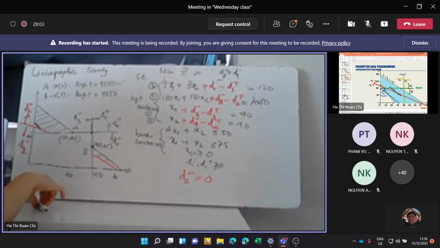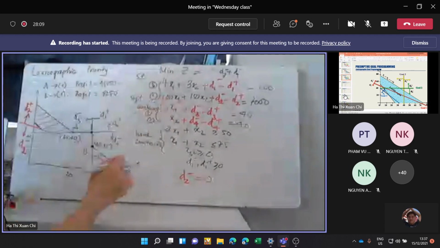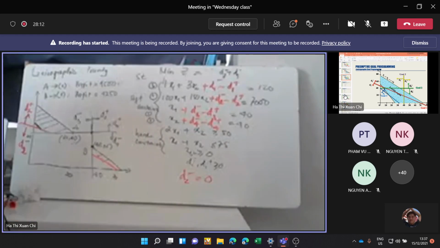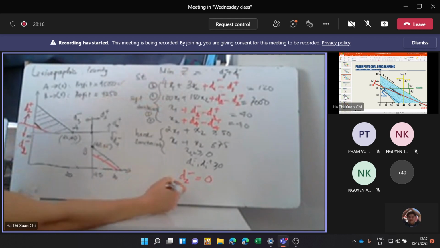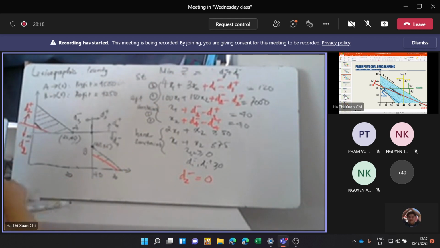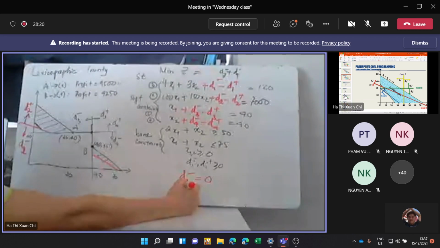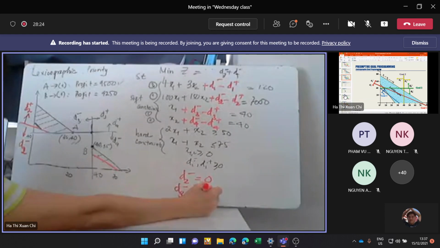So next we have the priority trees. I'm sorry. After we show that one, we will get the solution: D3 minus plus D4 minus will equal 5.